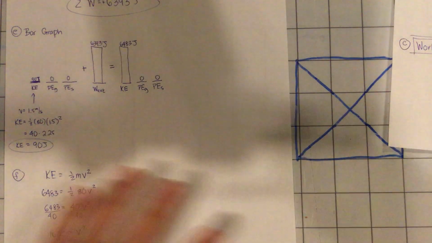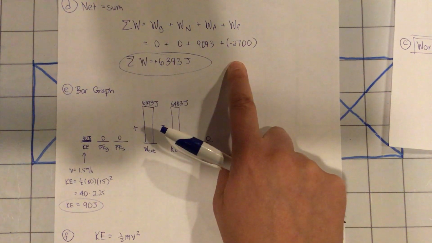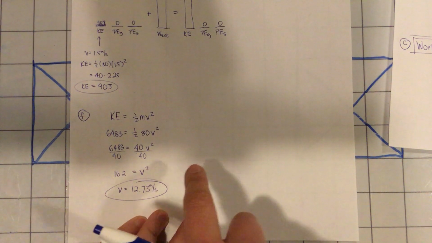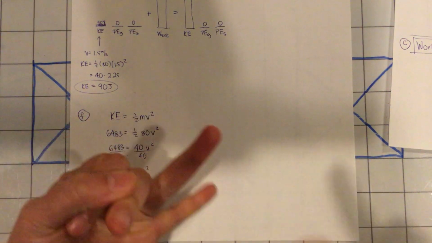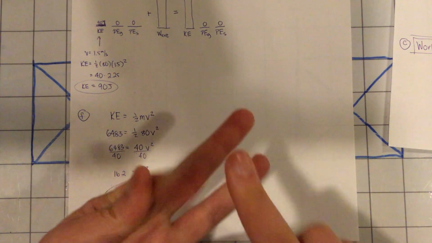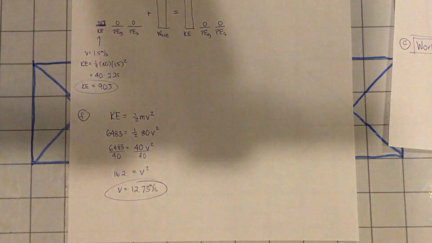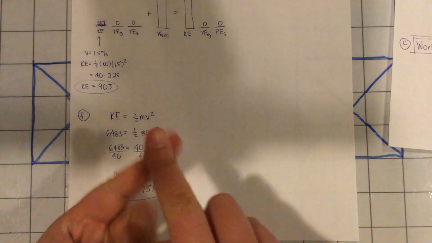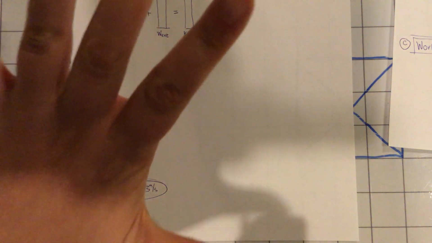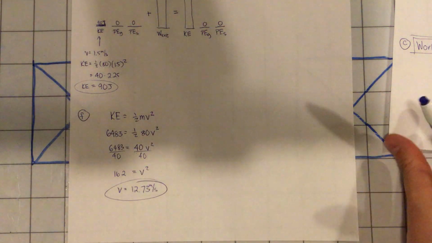Finally, figure out the net work, which adds energy to the system, and use the energy to find a missing speed or height or compression or mass. If it's one of the variables that shows up in an energy equation like m, v, x, k, h, it's fair game for a problem like this.